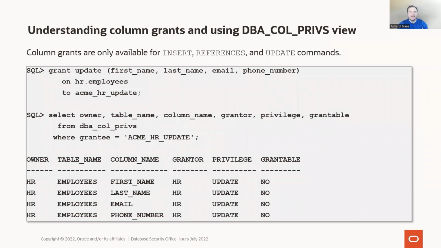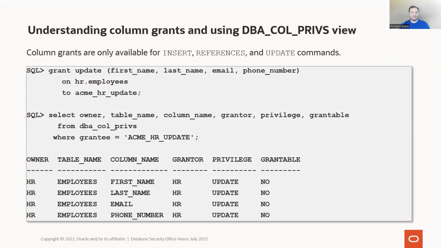So if you think about it, your application or your help desk or your DBAs or developers or whoever's doing your break fix, maybe when it comes to updating this information, they're not going to update the employee ID. They're not going to update the salary. They're not going to update the hire date. They're probably not updating the manager. There's only a limited amount of columns that you want them to update.